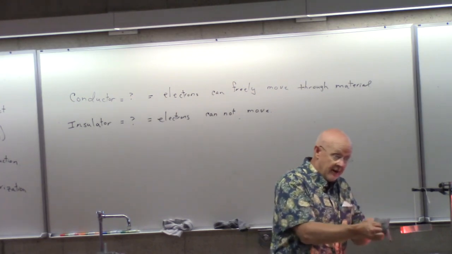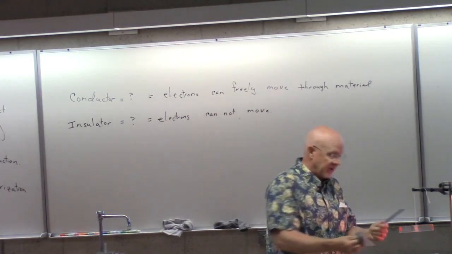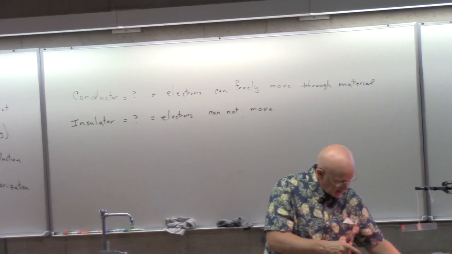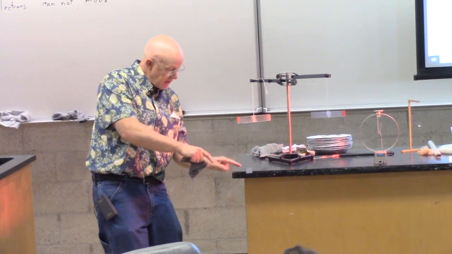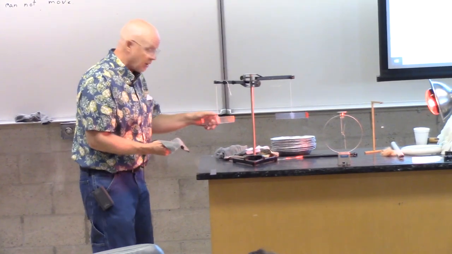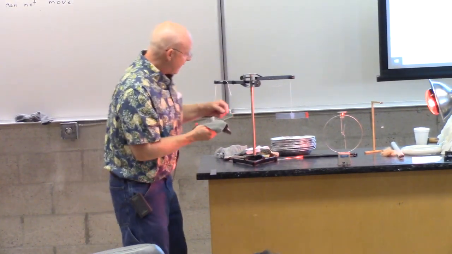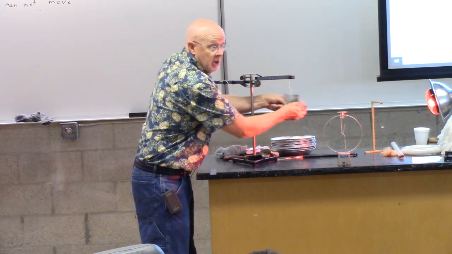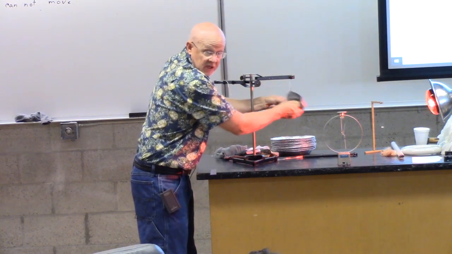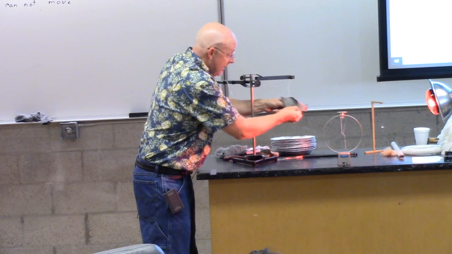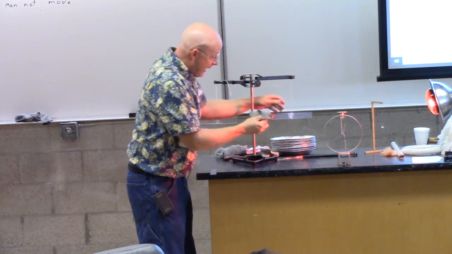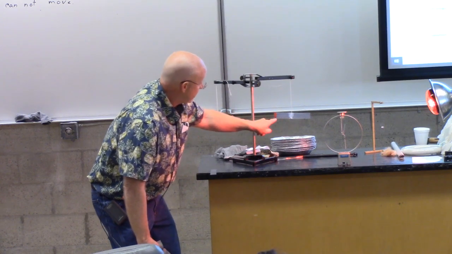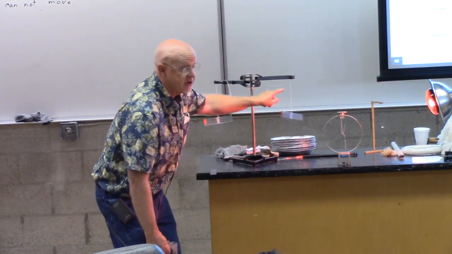I rubbed here and said, okay, they're going to stay there. That's why when I set it down, I kind of set it on the edge and say, okay, they're going to stay there. They're not going to come back over to here. And then likewise, if I took my vinyl on here and I rubbed it, I took advantage of the fact that it was an insulator. And I said, okay, now that it's an insulator and I have a bunch of negatives right here, can those negatives move to the other side? No. Can they move up the string?